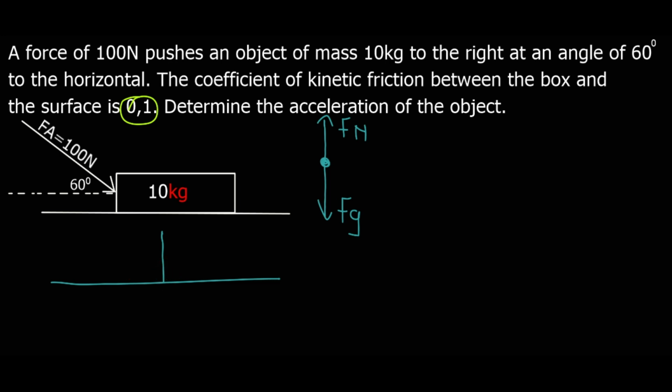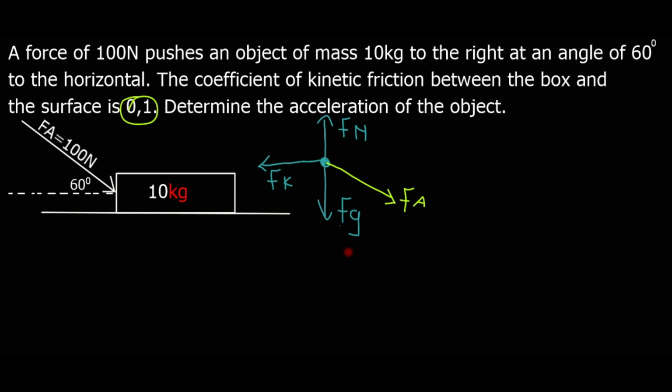And then a frictional force, because we are given the coefficient of kinetic friction. The object moves to the right, so our friction is over to the left. And then this object is being pushed downwards. This is the force applied.